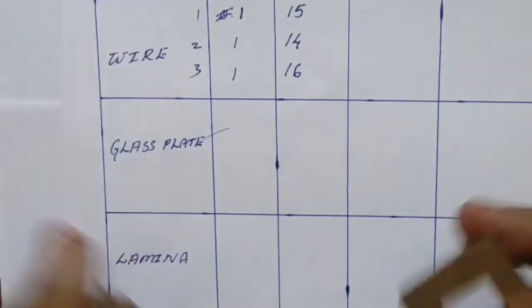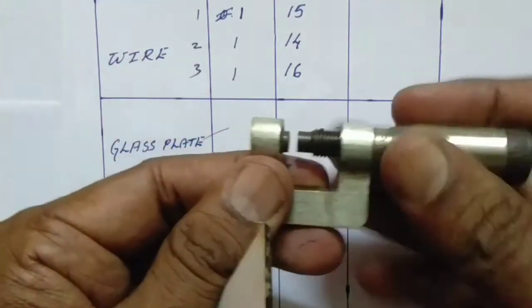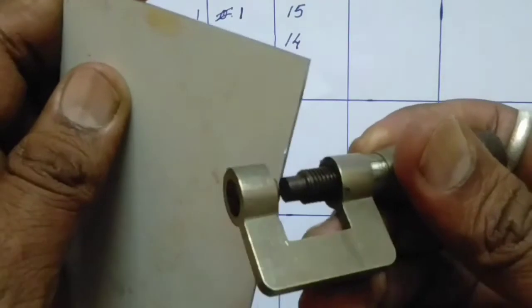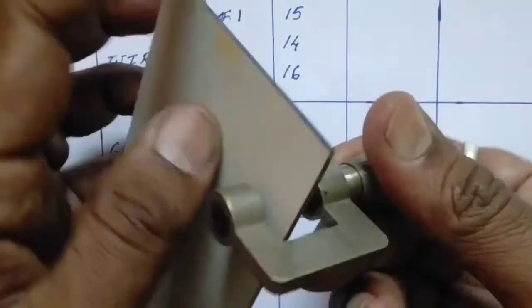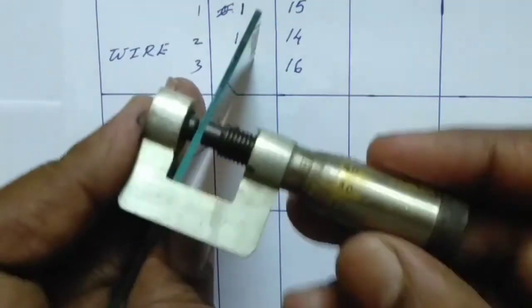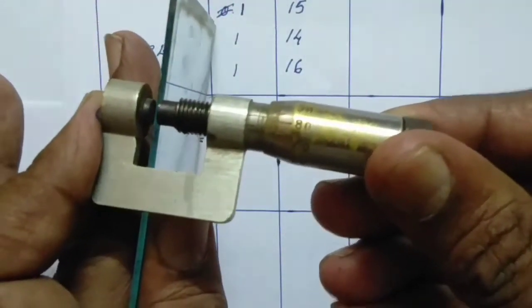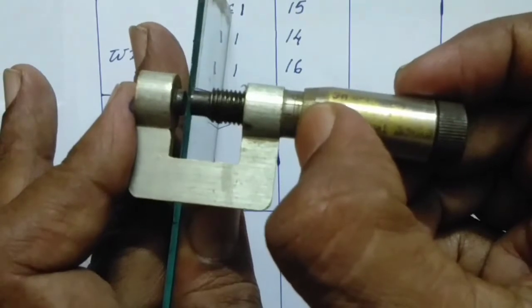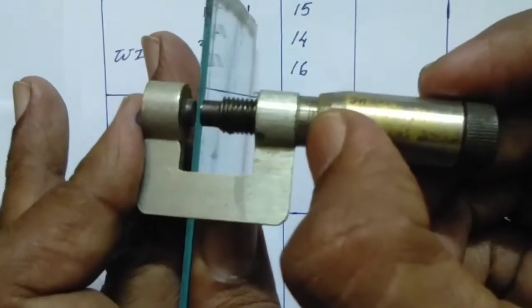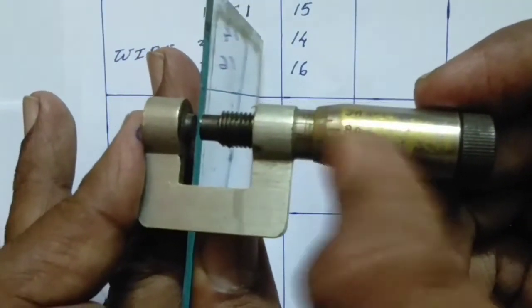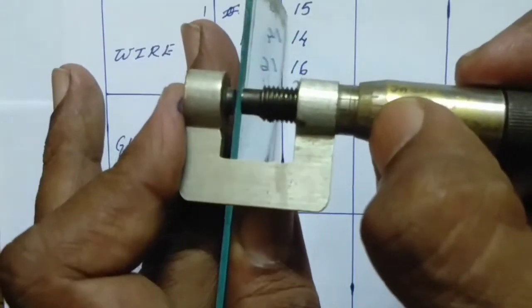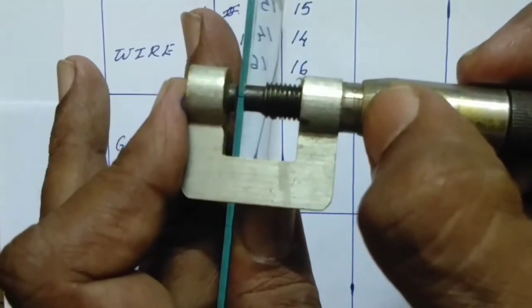So where we have to keep it? Here, take one edge and keep it like this. Then what is the thickness? Here is 0.1, it means 1 millimeter. So 1 millimeter, and here 84 you will get.